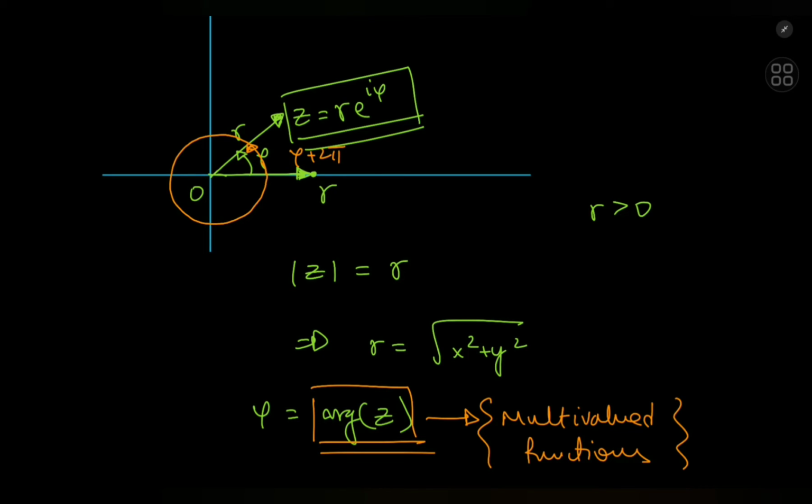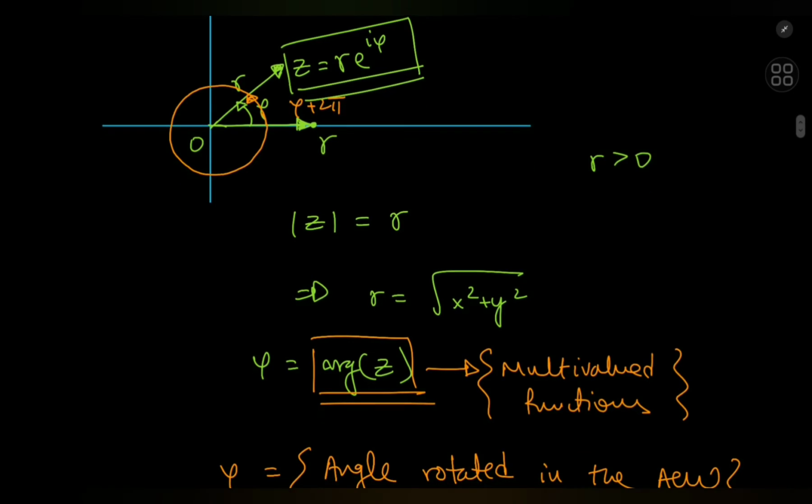That would have gotten me from the positive real axis to the vector z as well. So that means for this complex number z, as shown in the diagram, phi as well as phi plus 2 pi are both perfectly valid outputs.